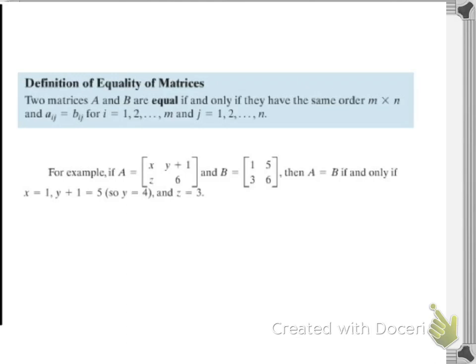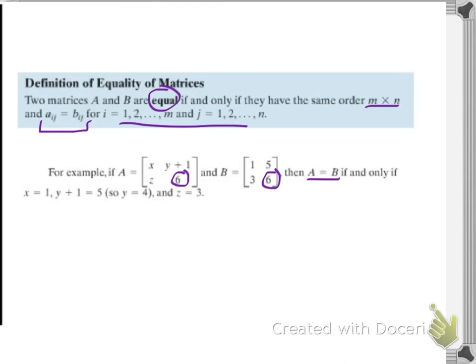You don't have to write all of this down, but it's just to clarify things. Two matrices are equal if and only if they have the same order. So they have to be the same size, okay? They both have to have the same dimensions, and all the terms are equal for every row and column. If we want the whole matrix to be equal, every single term inside would have to be equal.